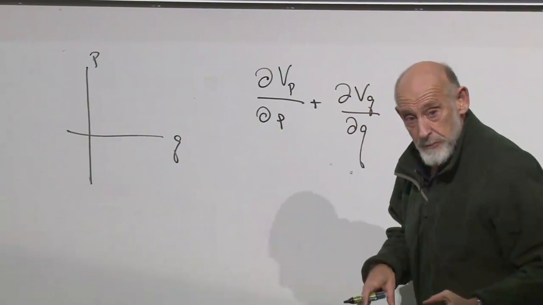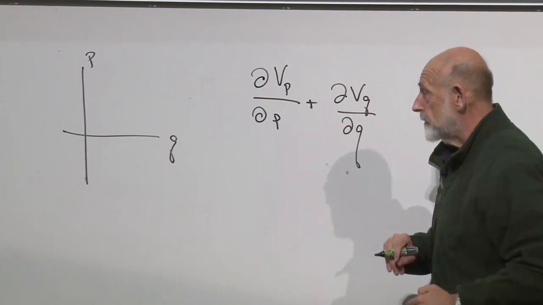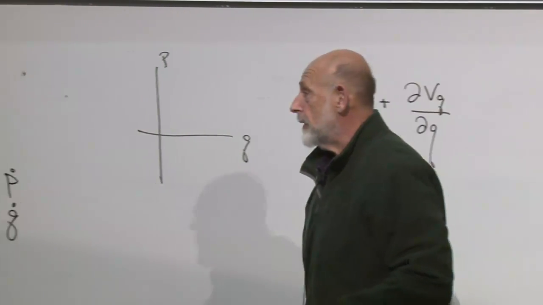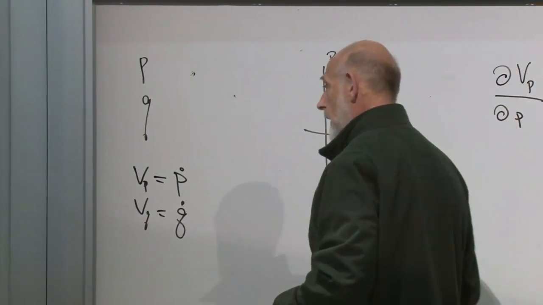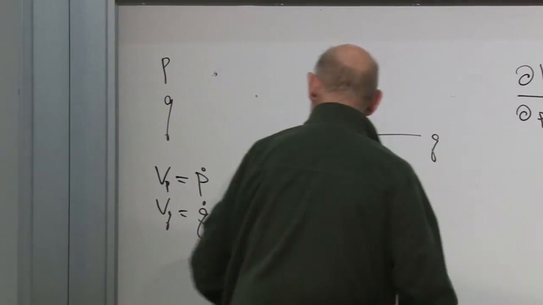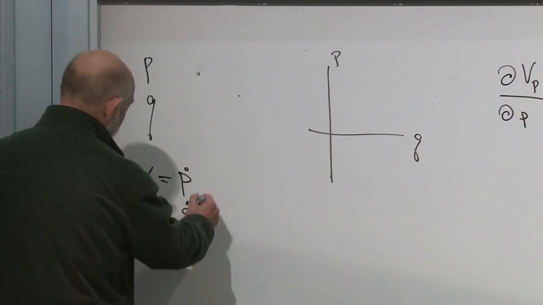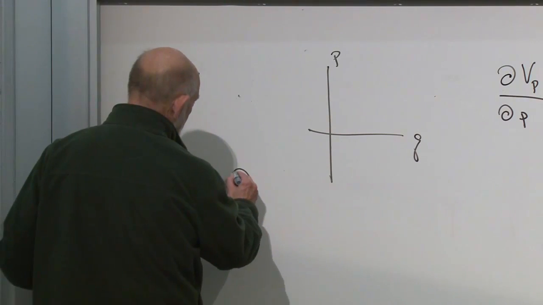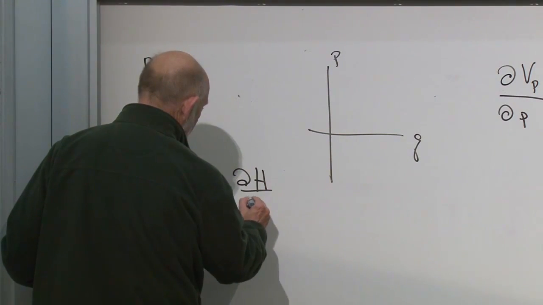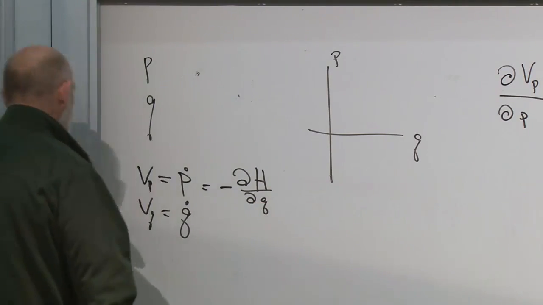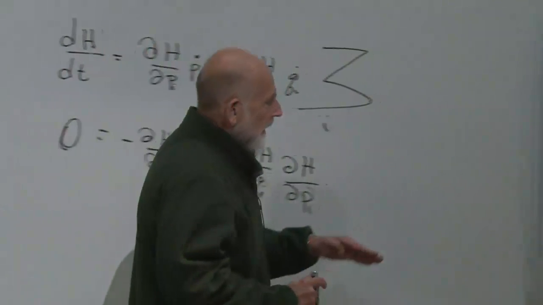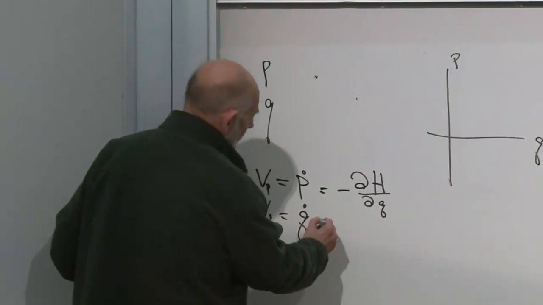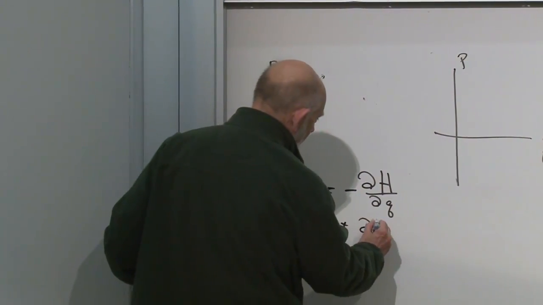If it's incompressible, the sum of these should be 0. Okay, now we can work it out. What is Vp? Vp is P dot, but that's minus the derivative of H with respect to q, right? Hamilton's first equation. And q dot is equal to plus dH by dp.